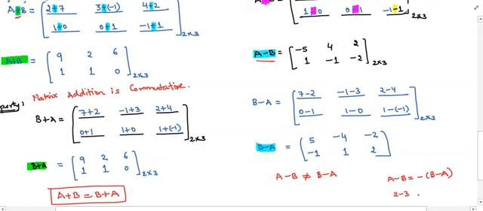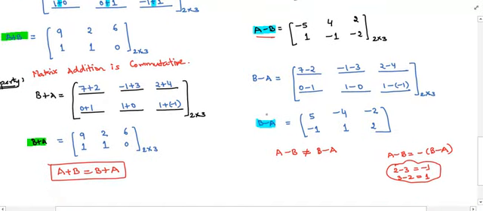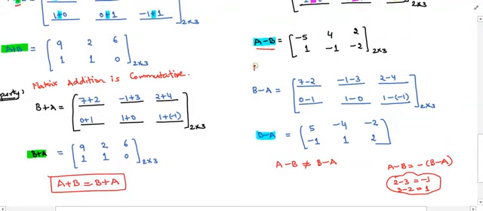If you have 2 minus 3, this gives you minus 1. On the other hand, if you do 3 minus 2, you will get 1. So the same property holds for this. So we see that matrix subtraction is not commutative. Okay, I hope it's clear.